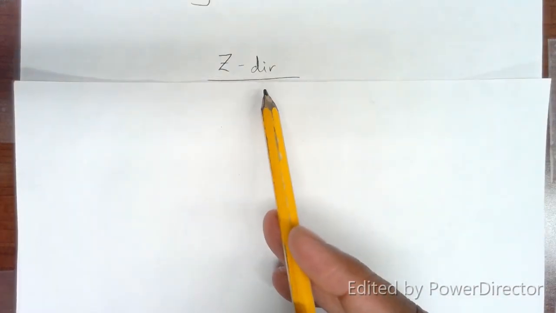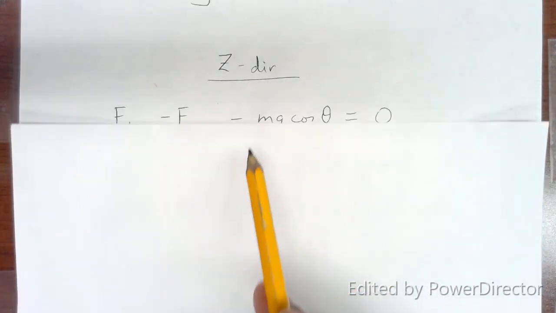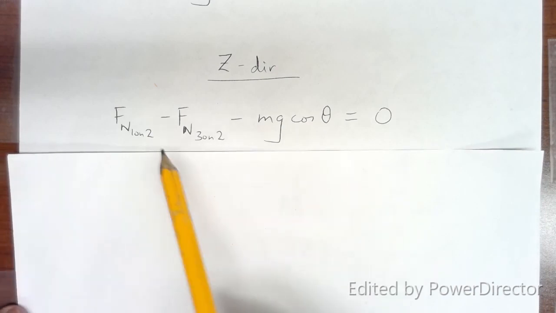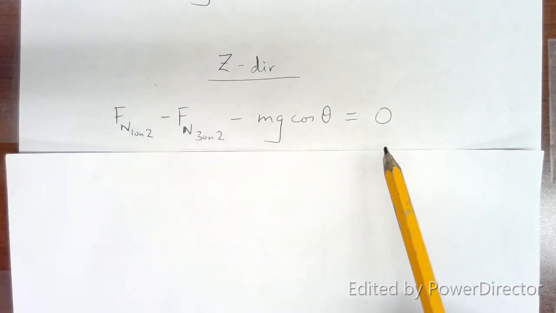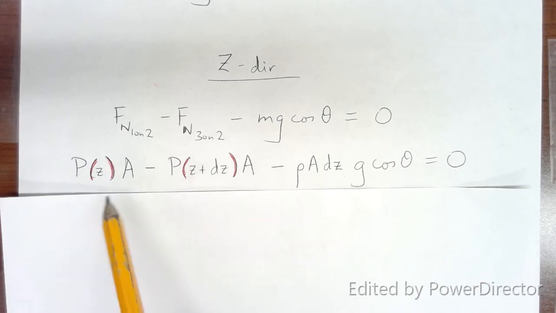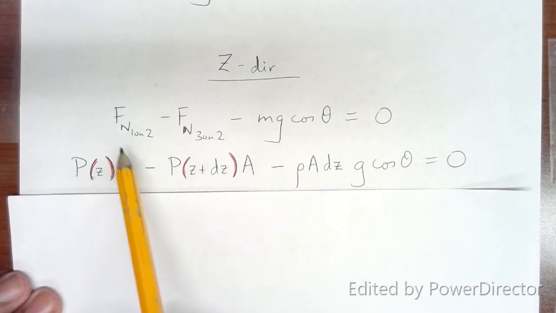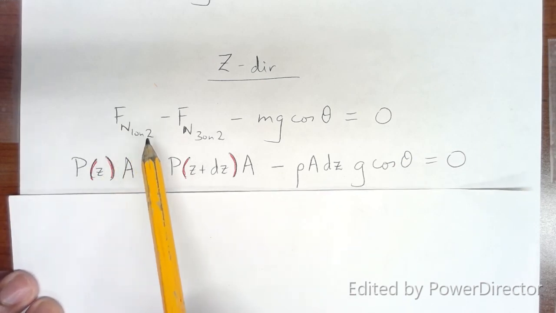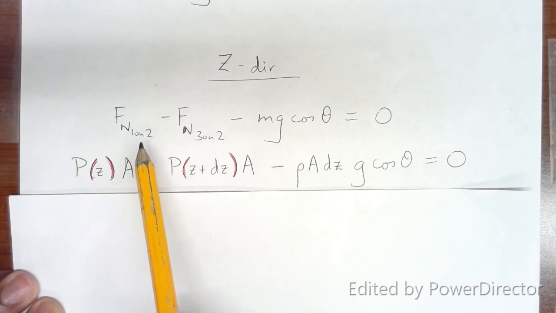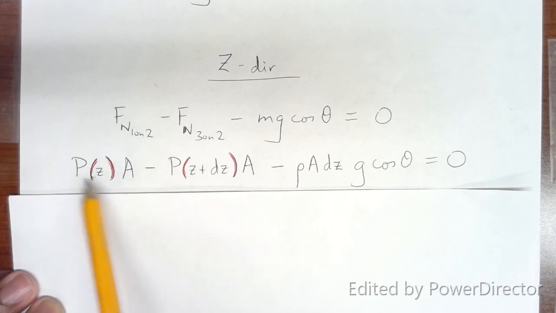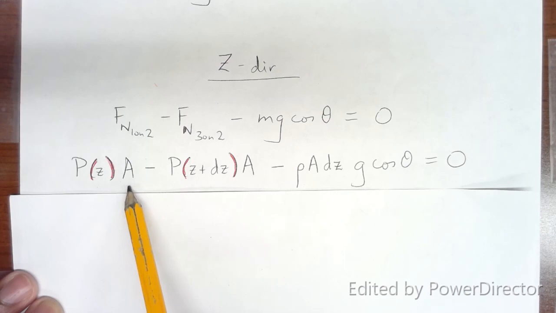So let us focus on the z direction first. The equation we had was this, and what we're going to do is rewrite it. The normal force is really caused by the pressure. The normal force of 1 on 2, well, that interface of layer 1 and layer 2 was at position z along the z-axis, so it would be the pressure at the position z times the area of the interface.